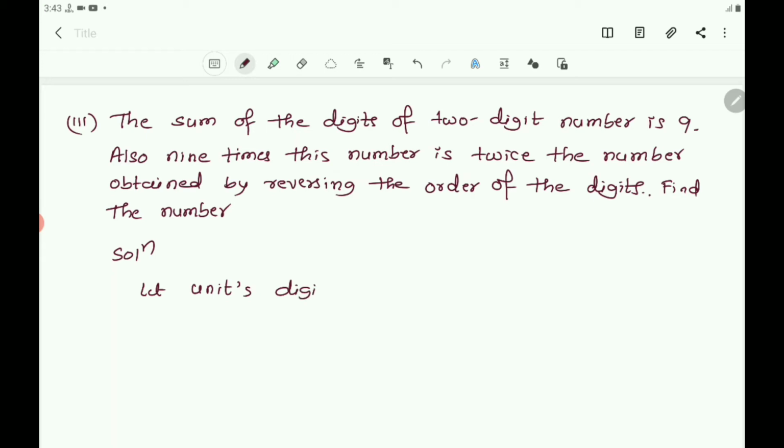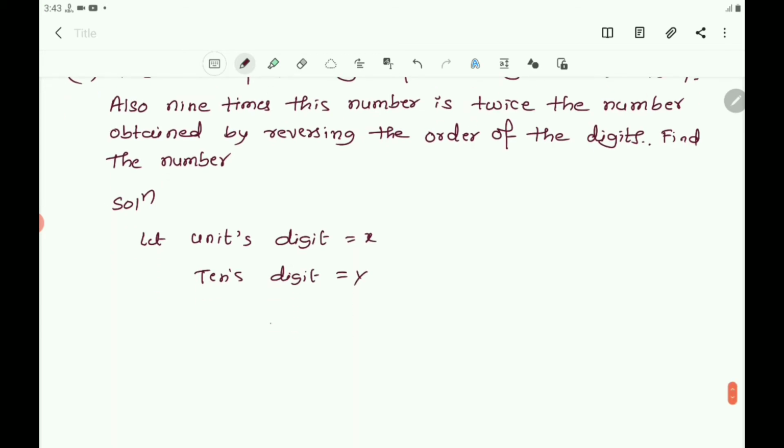So, let the unit digit, that is the ones digit, equal x, and the tens digit equal y. So the number becomes here yx, x is the unit digit and y is the tens digit.